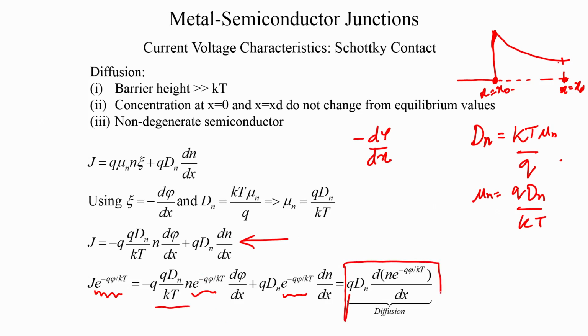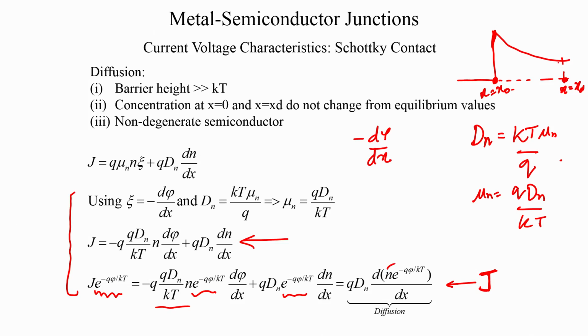So, if you make all these substitutions and multiply this factor, you will end up seeing the current across the junction, the current density, to be equal to this term here. And now this is nothing but your expression for a diffusion current.